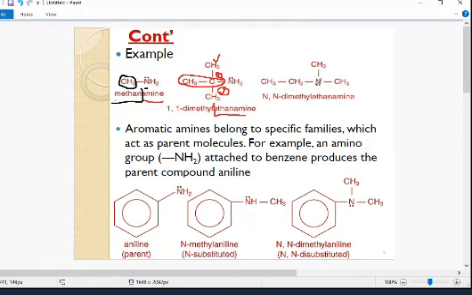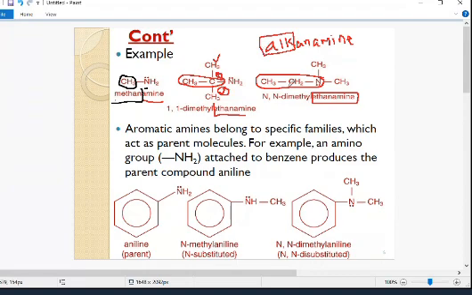If you look at this one now, the parent name goes with the carbon chain, the longest continuous carbon chain attached to that particular nitrogen. As you can see there, we have two carbons. So from the word alkyl, that is alkanamine.